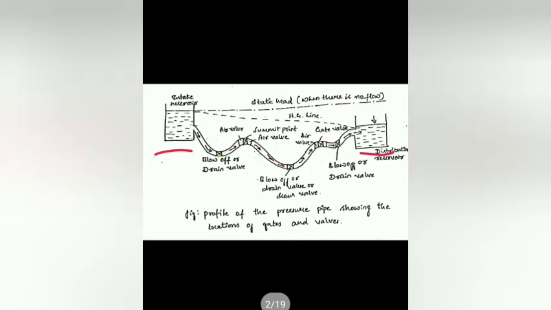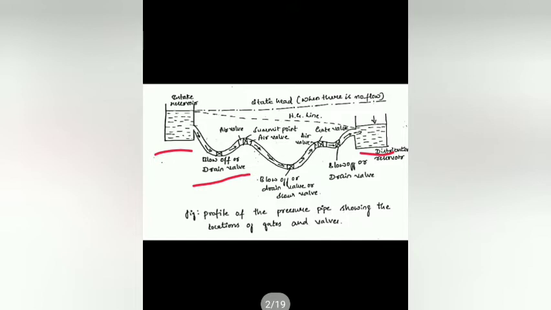Under this, where we have provided the valves, see here in this side, we have provided a blow off or drain valve. We have provided it here because of the shape, there may be a chance some amount of the water may get settled out there itself because of the difficulty in rising up. In case of that, we have provided the drain off valve.